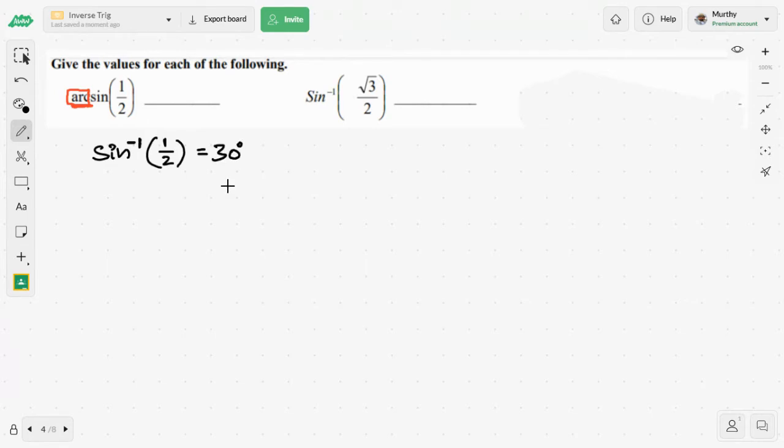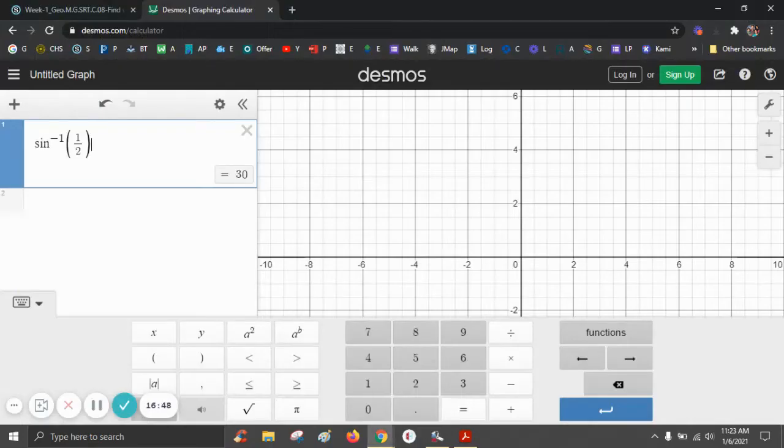And coming to the next one, sine inverse √3/2. So let's go to the next one. So sine, I'm using a to the power of b key, then type -1, use the right arrow key, then open parenthesis. It is √3/2.